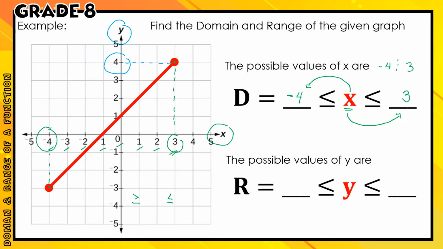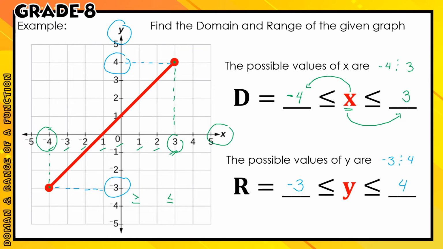At ito namang lowest point ay tumapat naman siya sa negative 3. So the possible values of y are negative 3 and positive 4. Ganun pa rin, yung mababa ang nasa unahan. So nandiyan si negative 3 to be followed by the highest value or higher value which is positive 4.